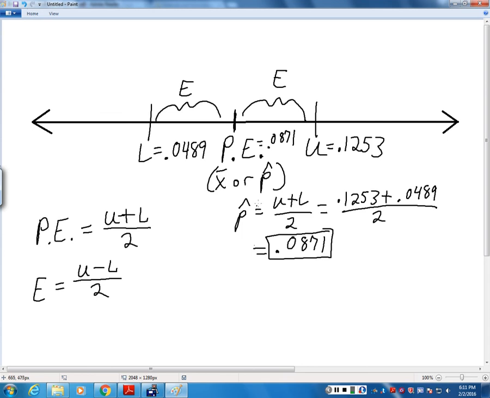Now to find the margin of error, instead of adding the upper and lower bounds, I'll subtract. So upper minus lower divided by 2.